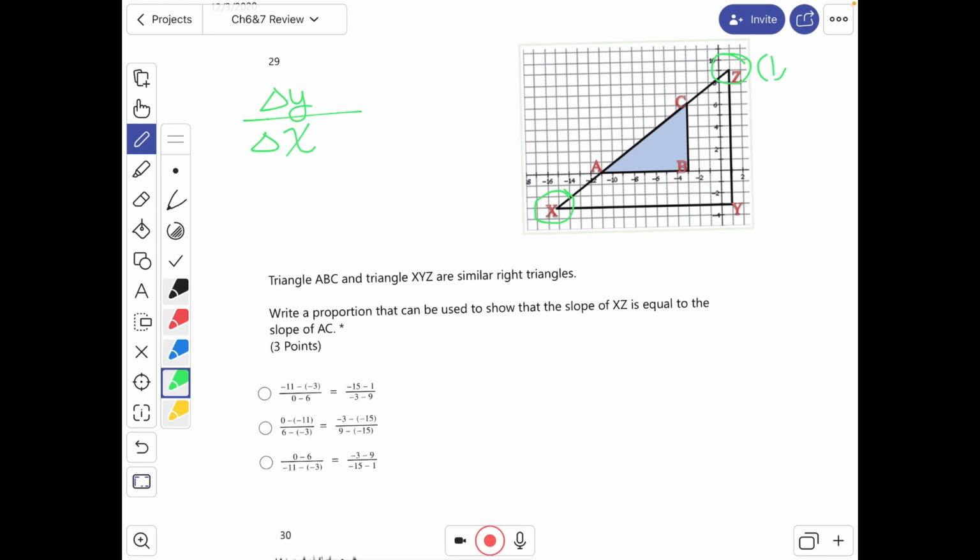So this point is 1, 9, and this one is -15, -3.